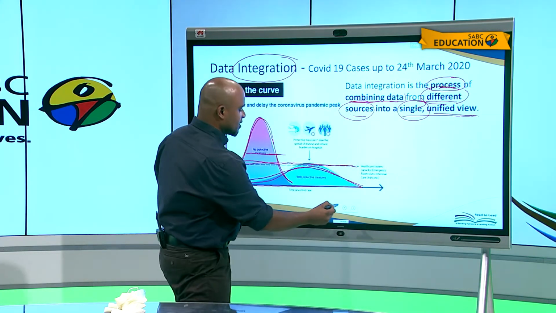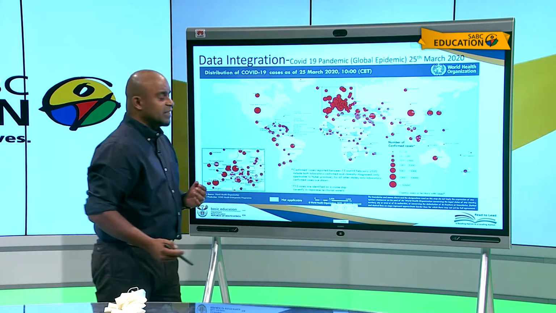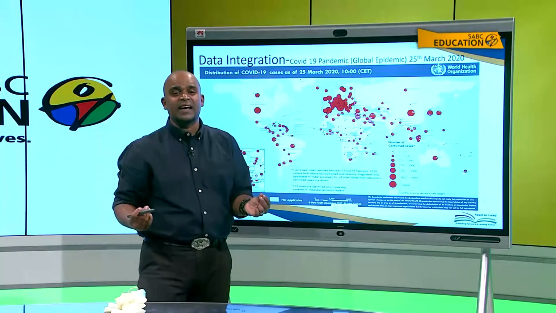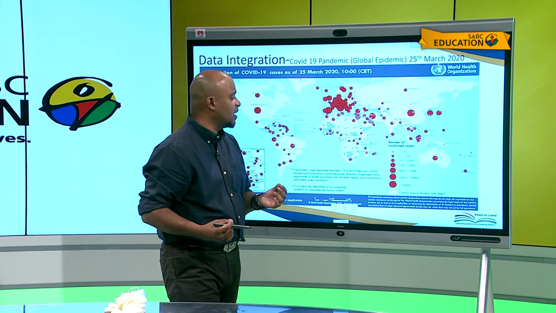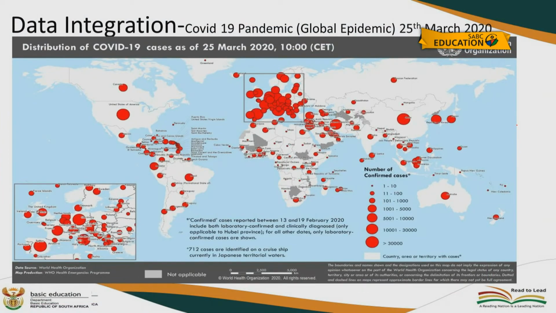Let's move on to the next concept. This is another example of data integration. Now, note this is a world map, and in this world map, we are able to see the different layers. In this case, there's our key, and it shows us the infection rates.